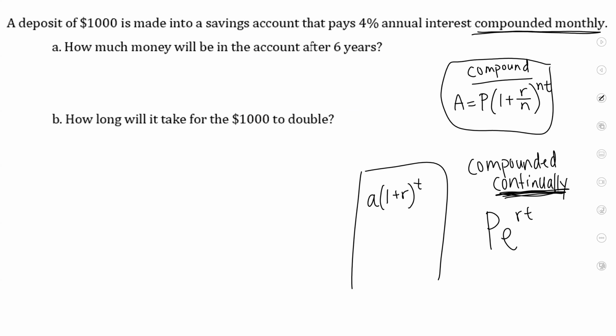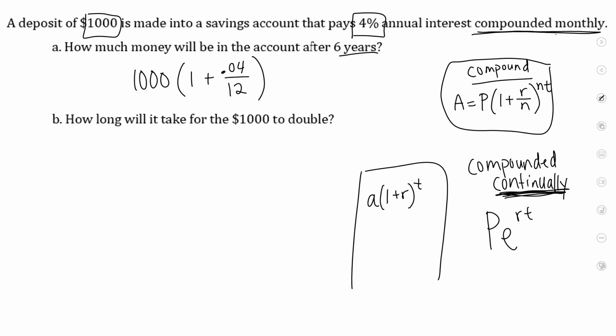Okay, so it says how much money will be in the account after 6 years? Okay, well, we started off with 1,000, so that's my principal or initial amount. My rate is 4%. As a decimal, it is 0.04. Now, compounded monthly. How many months are in a year? That means we put 12 here. You have to think about it in terms of a year, okay?